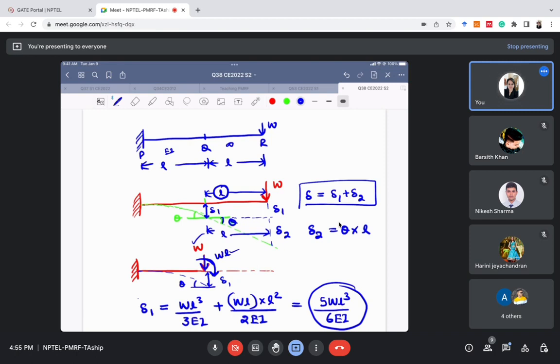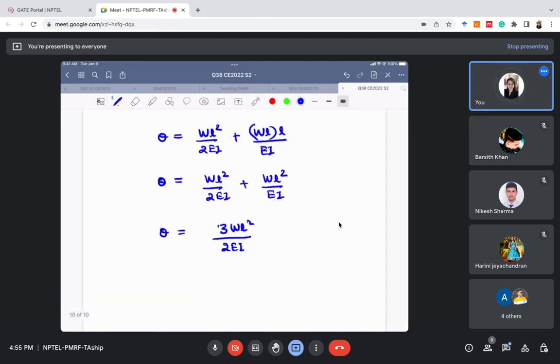Any confusion? Okay. So the value of delta 2 will be theta multiplied by L. Delta 2 will be, theta is 3 by 2 WL square by EI, so delta 2 is 3 by 2 WL cube by EI. So this is the value of delta 1 and delta 2.